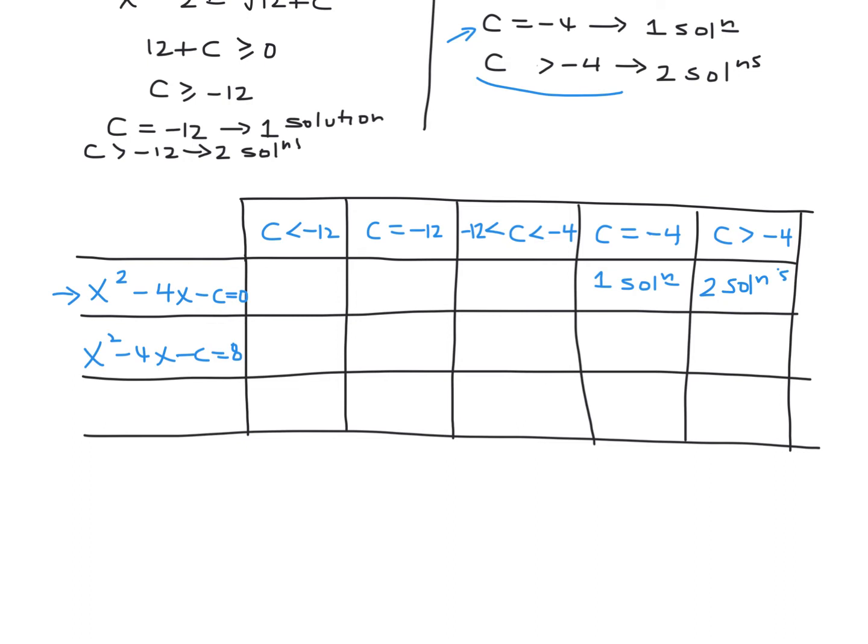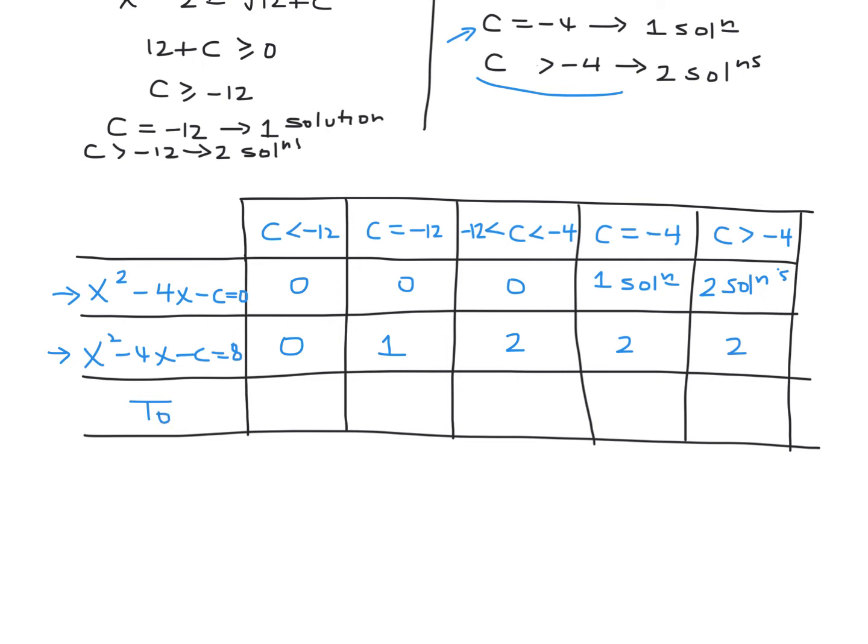And then when it's less than minus 4, there would be no solutions that are real. So 0. In that range, you don't get any real solutions. Now let's look at this guy. When c is equal to minus 12, we get one solution. When c is greater than minus 12, we get two solutions. So greater than minus 12 would be these categories, correct? And then this would be 0 because it's less than.